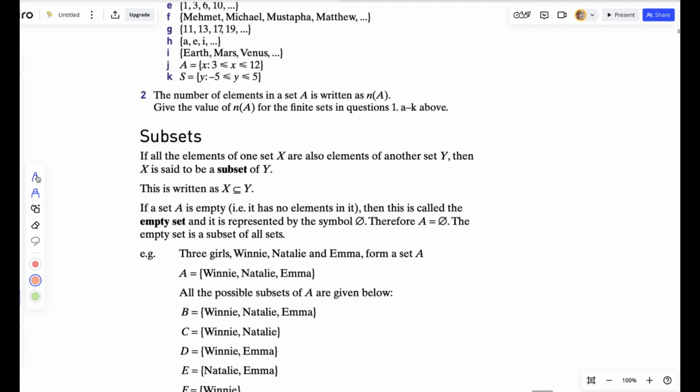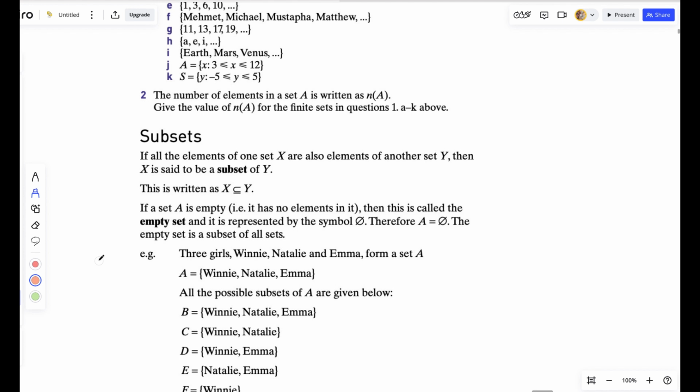Now let's go to what we call the subset. First and foremost, what is a subset? We're going to start maybe by giving a simple example. If you have elements in a set and they are either individually found in another set or collectively found in another set, they are called the subset of that set.